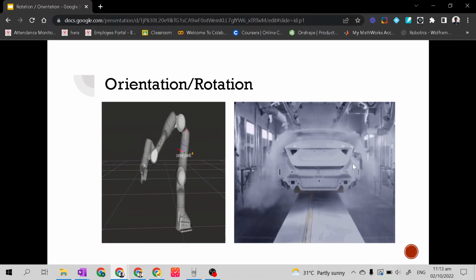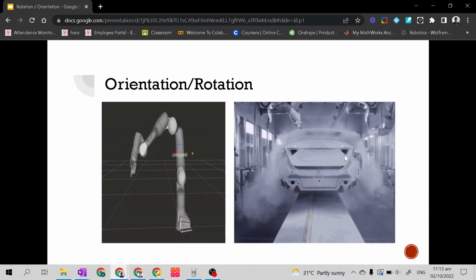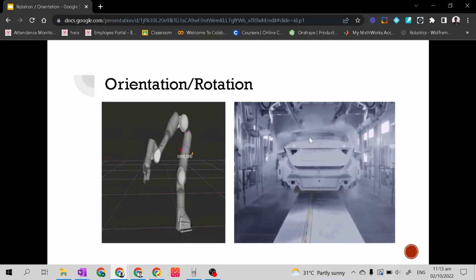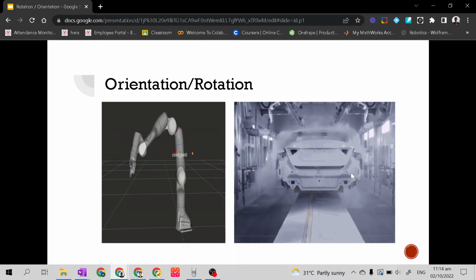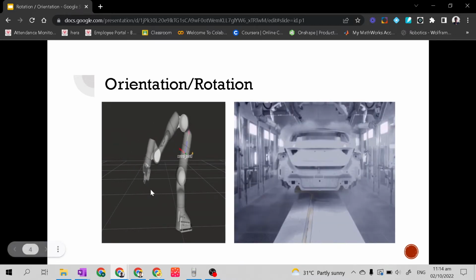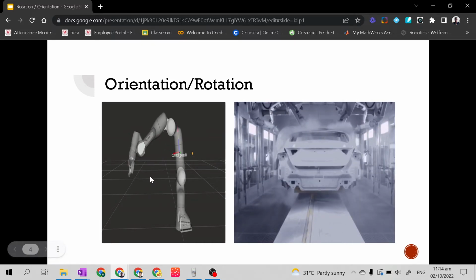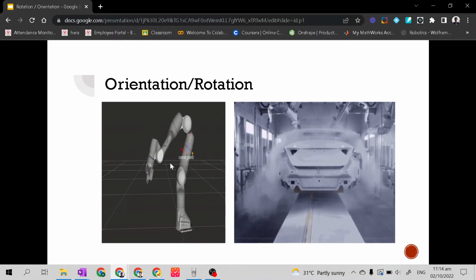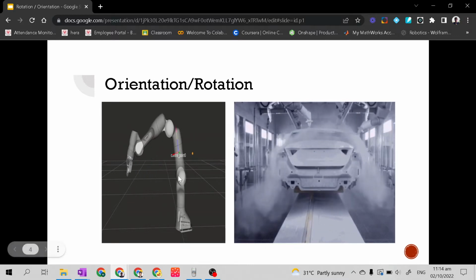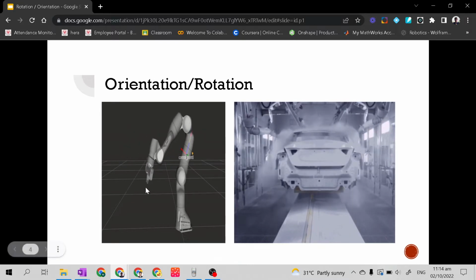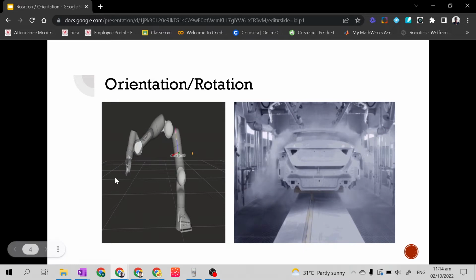They are targeting specific areas of the car to paint, and orientation is what they use to target those areas. In the left example, this mechanical manipulator is used to weld a workpiece, so the orientation or rotation helps it target the welding path of its workpiece.